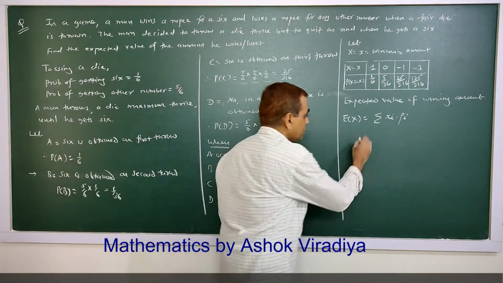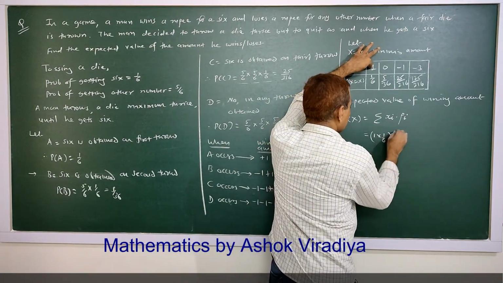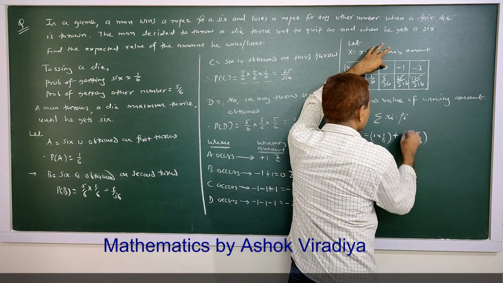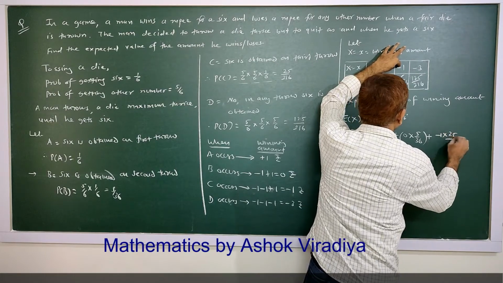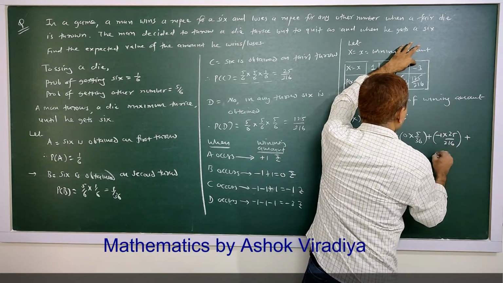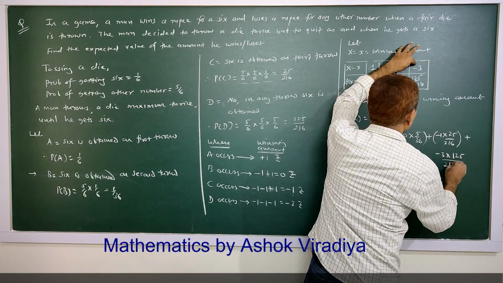So that is 1 into 1 by 6 plus 0 into 5 by 36 plus minus 1 into 25 by 216 plus minus 3 into 125 by 216.